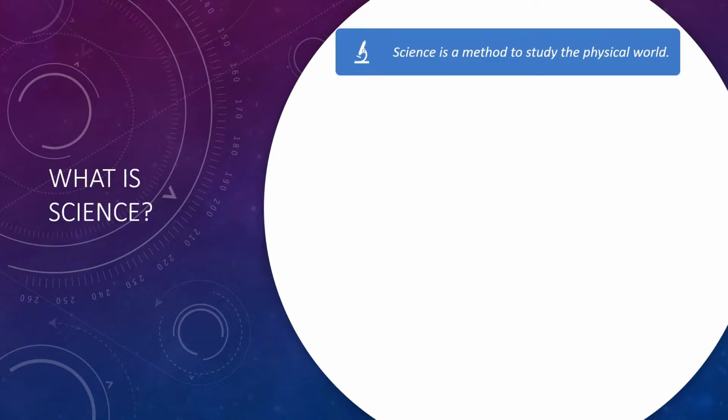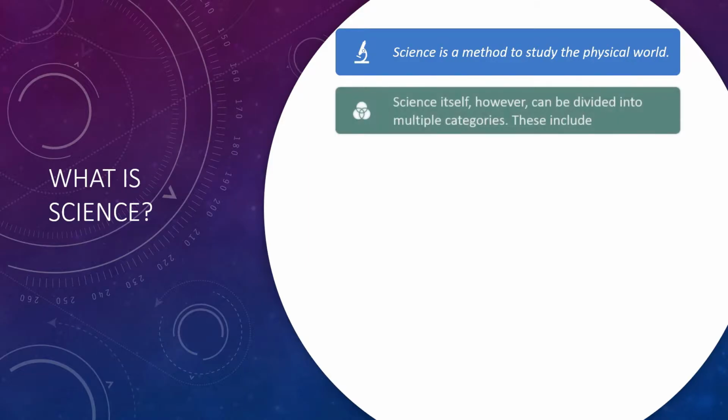So it could be anything. The physical world is made up of, oh, there are so many things. If you just sit down and think about it, science can apply to everything, right? Like I said, it's divided into multiple categories.